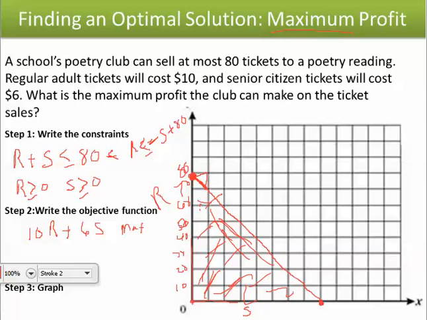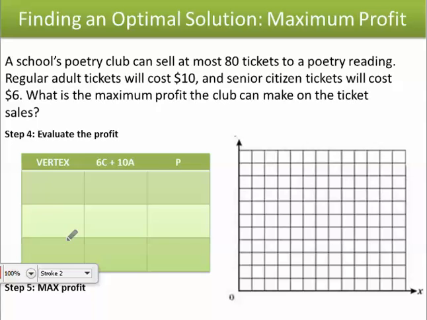Those are my 3 vertex points that I've got on here. Okay? So let's look at that. If I looked at those 3 vertex points, 0, 80, 80, 0, and 0, 0. Those are the 3 vertex points that we had when we looked at the graph, right?